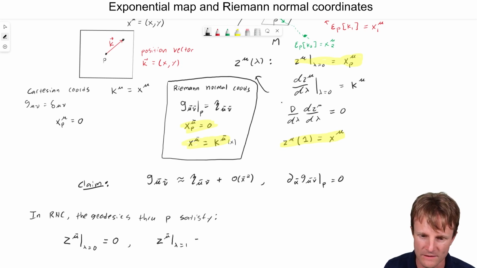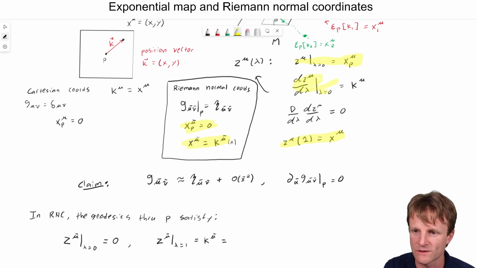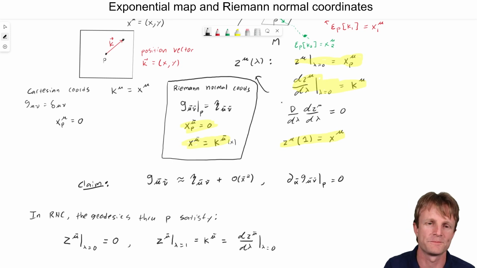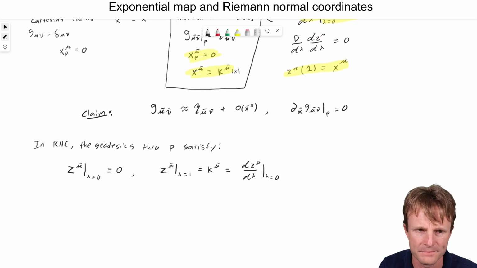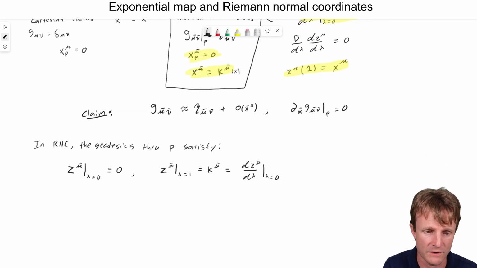So we can write z mu bar of lambda equals 1 is k mu bar, but k mu bar itself, by the equation that started all this off, is equal to the tangent vector dz d lambda at lambda equals 0. So dz mu bar d lambda at lambda equals 0. So that'll kind of collect all these equations together so we don't have to keep referring to them. And now we can proceed with the proof.